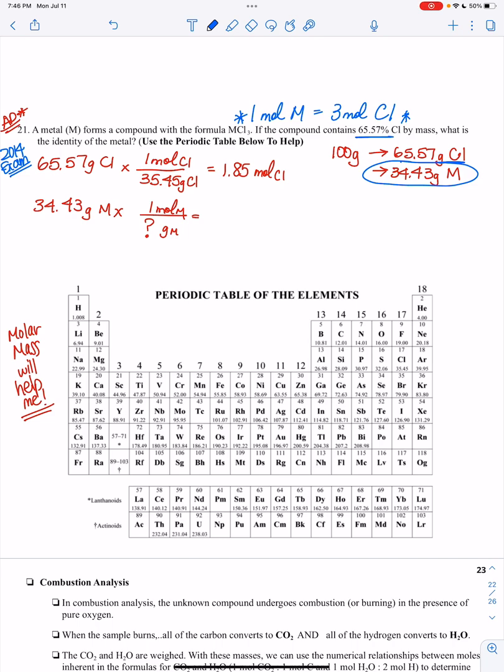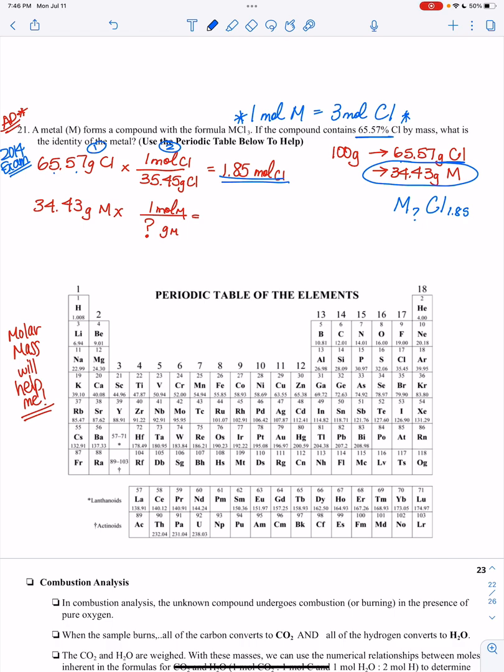So I started kind of doing the beginning of the calculations here. If I have 65.57 grams, I convert those, this will be my first step, I convert those to moles, and I have 1.85 moles of chlorine. So M, some subscript, Cl, 1.85.